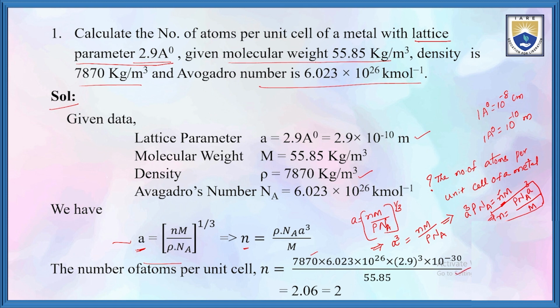So when simplifying, we will get 2.06, so the number of atoms per unit cell is 2. So 2 atoms per unit cell. The number of atoms per unit cell n is equal to 2.